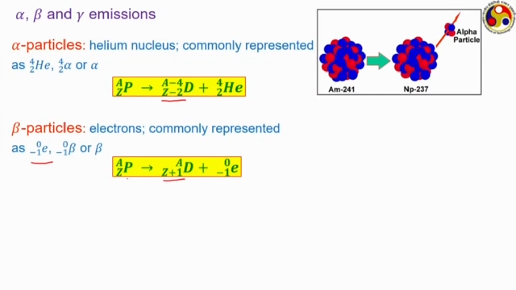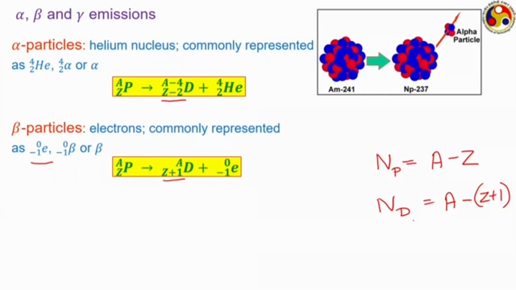If you see in the parent, the total number of neutrons n is equal to A minus Z, and for the daughter, the A remains the same, but the number of protons has increased by 1.